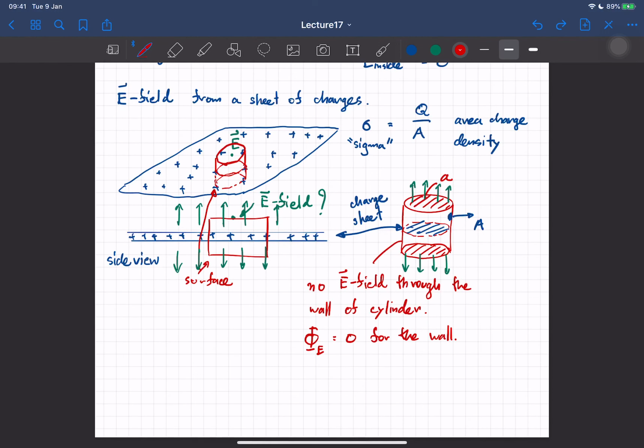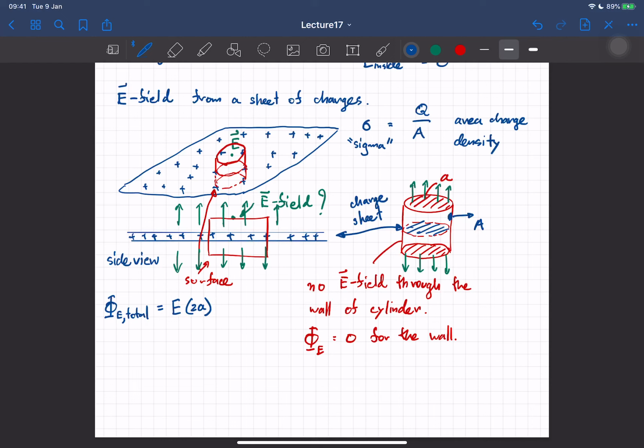So that means I can write the total flux. I'm applying Gauss's law here. The total flux is going to be just the flux through the top and bottom lid, right? So that's going to be how much area we have. Top we have A, bottom we also have another A. So the total area is 2A. So the flux is just electric field times 2A.